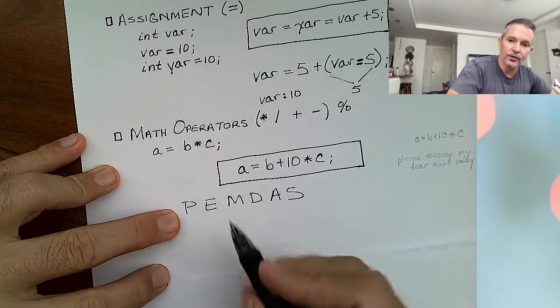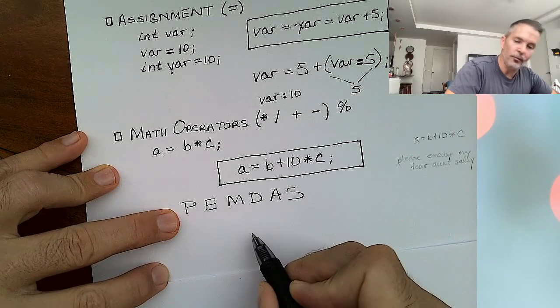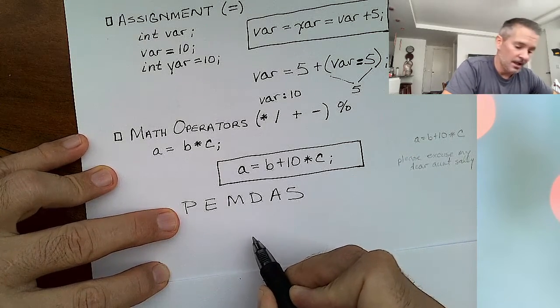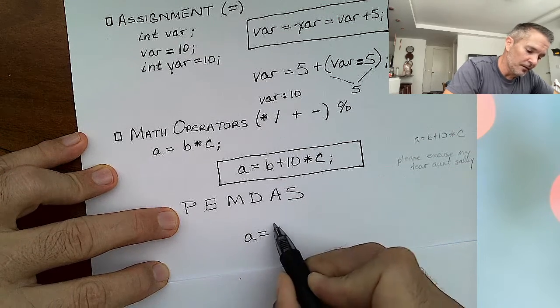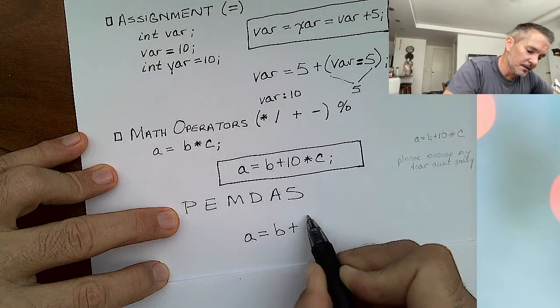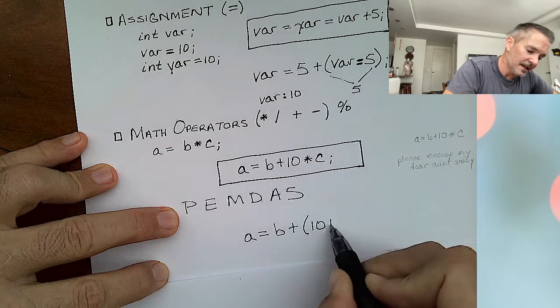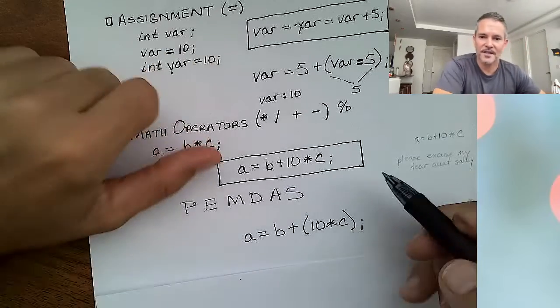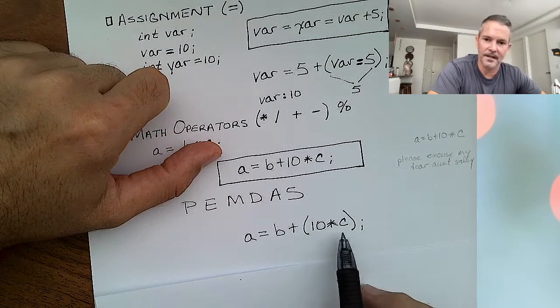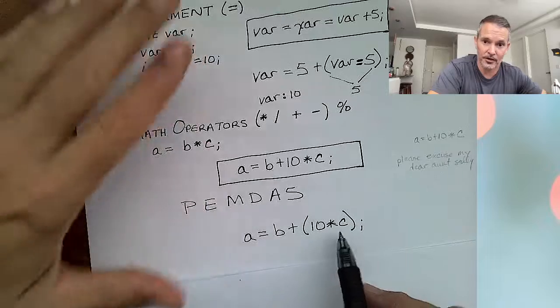Now, a trick you can use in the C language, which I think will be natural to you from mathematics, is we could just say A equals B plus parentheses 10 times C. And here we would be being very specific that we wanted to evaluate 10 times C first.